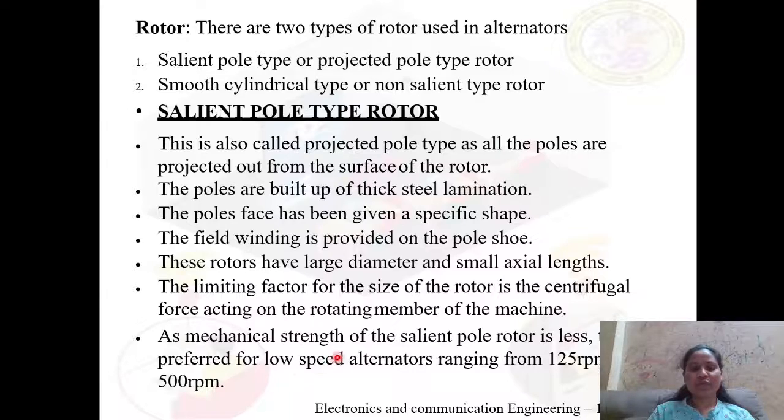So this type of rotor has a large diameter and small axial length, it is mechanically very weak, the poles are projected out, and it is preferred for low speed alternators.